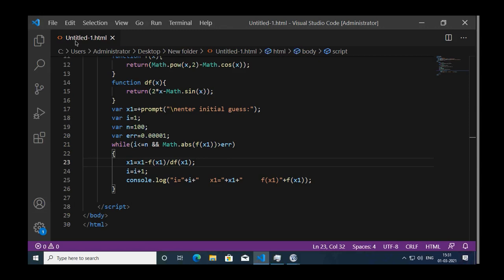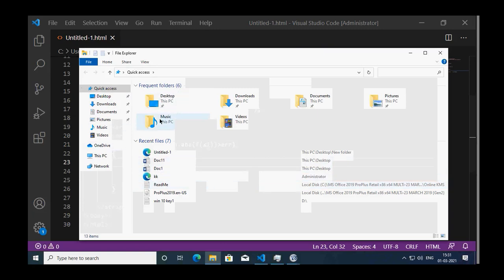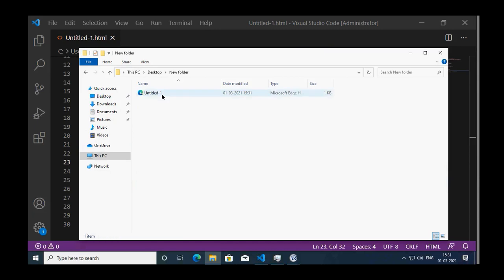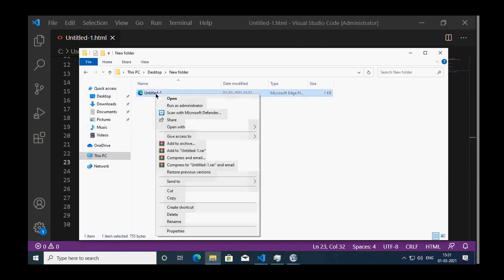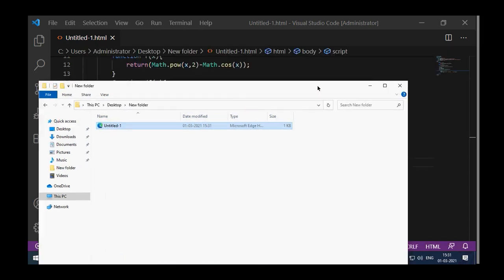So I have saved this file onto my desktop folder. And in new folder, that file, this is the file. So I'm going to open with Google Chrome.